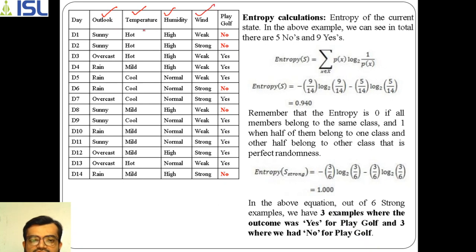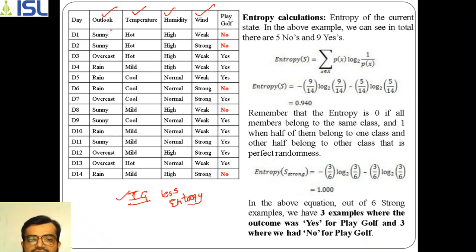Among these attributes, if you find one with high information gain and less entropy, that will be selected from among the attributes, and it will be used as the root node for the given decision tree, because a decision tree is always like a tree, so it has a root node.